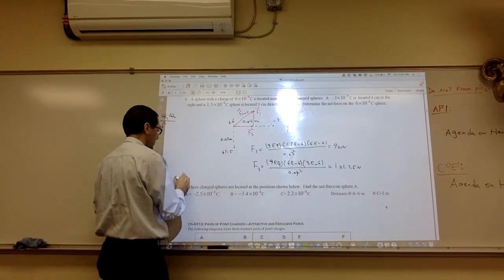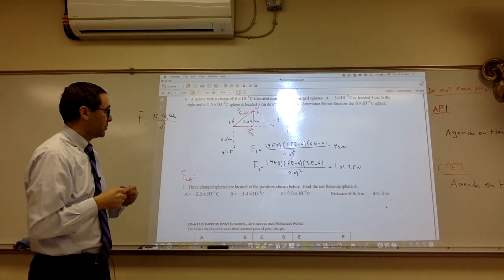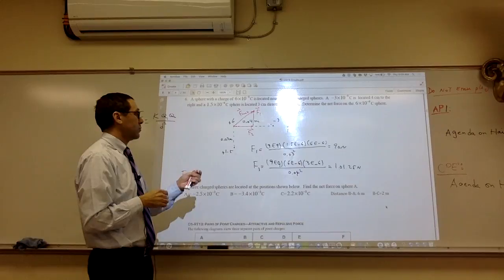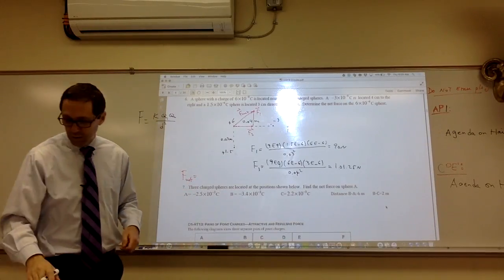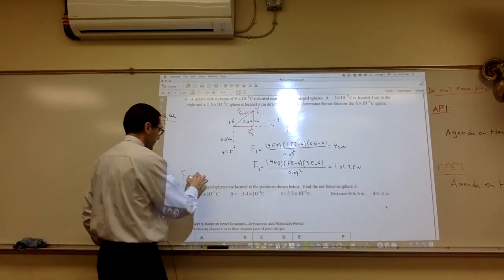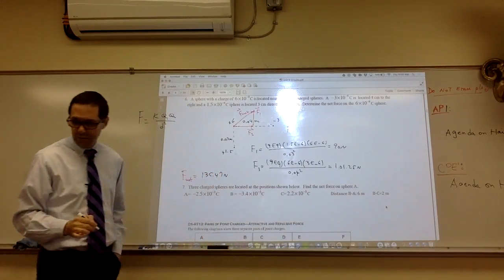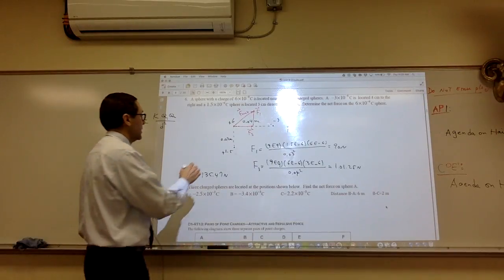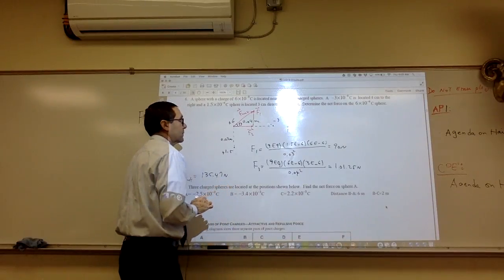The net force can be found using the Pythagorean theorem: 90 squared plus 101.25 squared, and you take the square root of that, which gives us 135.47 newtons. We're going to label this angle here as theta.